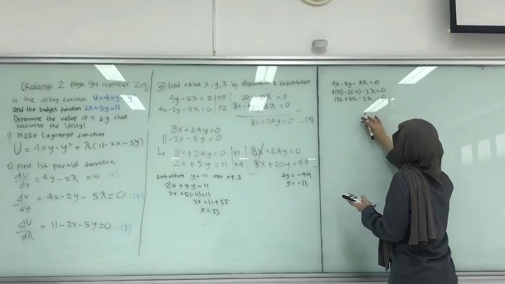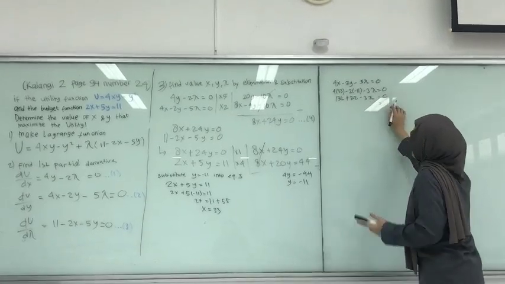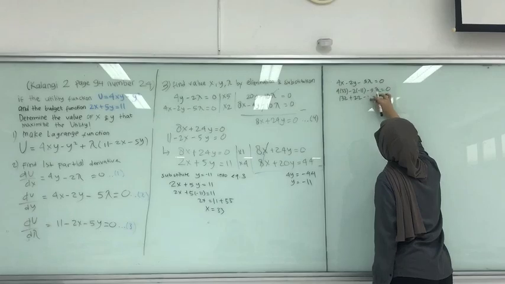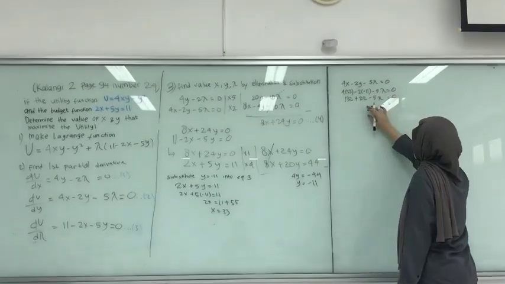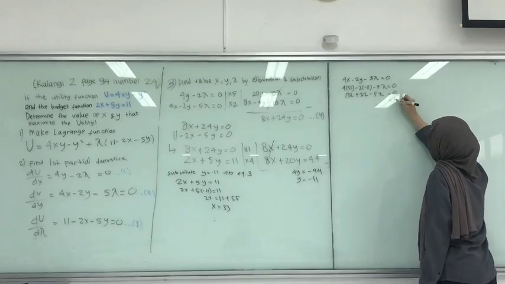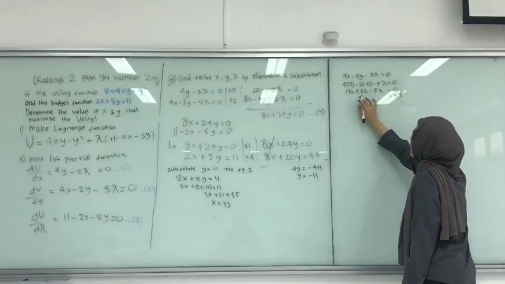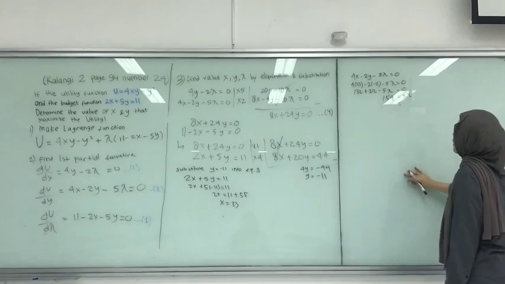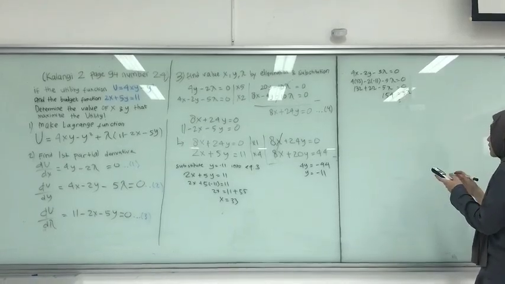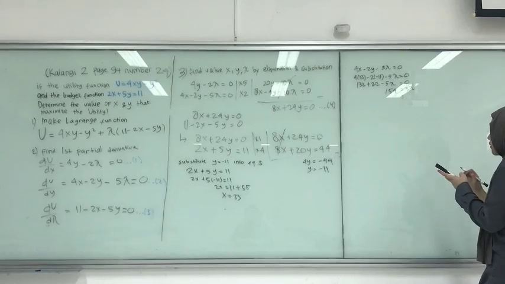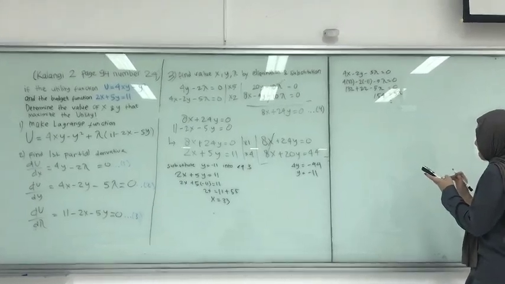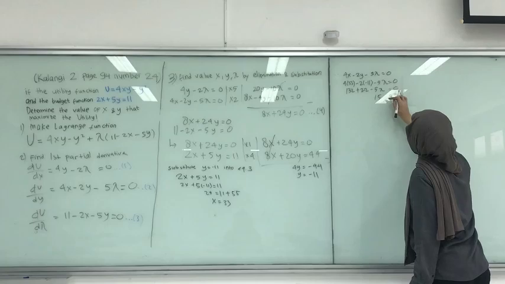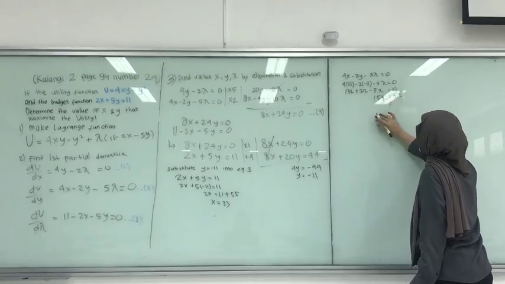And then we're going to move the, sorry, it's not 3, it's 5. Move the lambda to the right side. It's going to be plus, and then this one is, oh, it's minus.